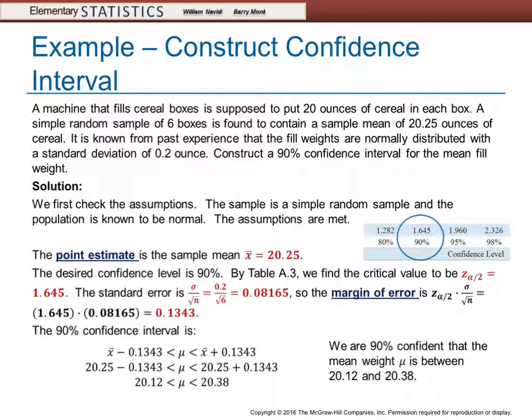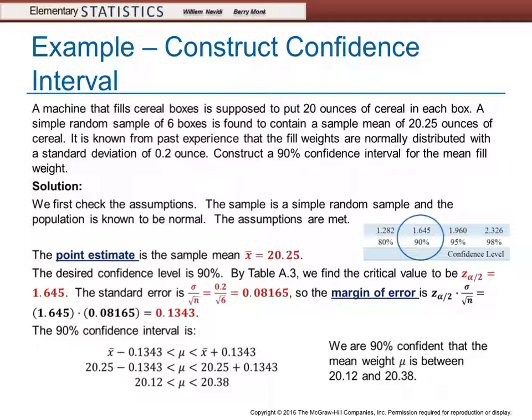First, we check our assumptions. The sample is a simple random sample and the population is known to be normal. The assumptions are met. The point estimate in the sample is our x bar, which is 20.25. The desired confidence level is 90%. By table A3, the critical value appears to be 1.645.